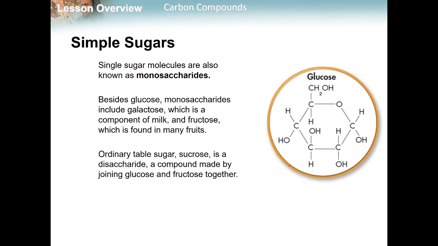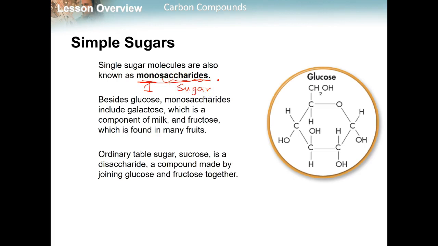So we have three classes of carbohydrates that we're going to talk about. That's going to be important for us. The simple sugars, the ones with the single ring, like glucose that we talked about, are called monosaccharides. Mono means one, or single, and saccharide means sugar.